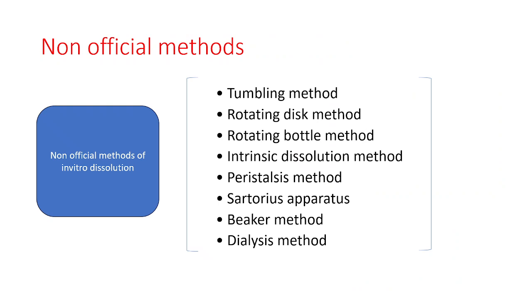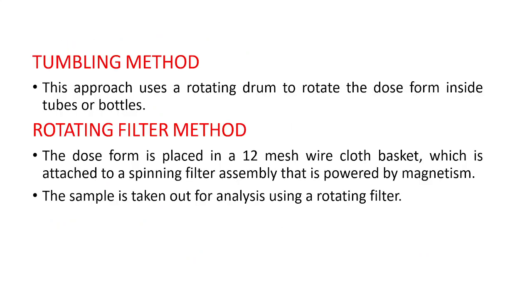And we have the non-official methods called tumbling method, rotating disc method, rotating bottle method, intrinsic dissolution method, peristalsis method, Sartorius apparatus, beaker method and dialysis method. In the tumbling method, a rotating drum is used to rotate the dosage form inside tubes or bottles.